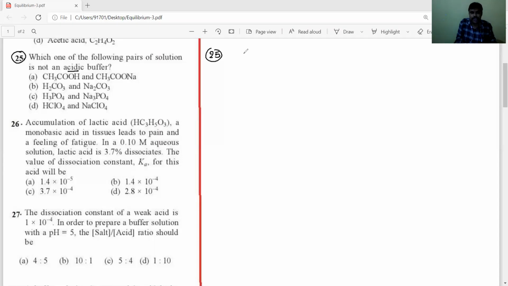So they asked which is not an acidic buffer solution. First we have to think about the meaning of acidic buffer. An acidic buffer solution is a mixture of a weak acid plus a weak acid strong base salt. That kind of mixture we consider as an acidic buffer solution.